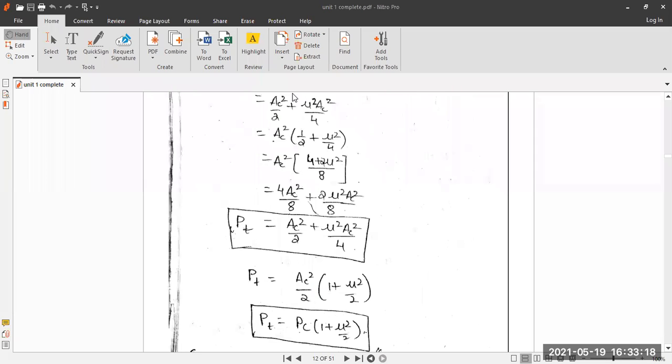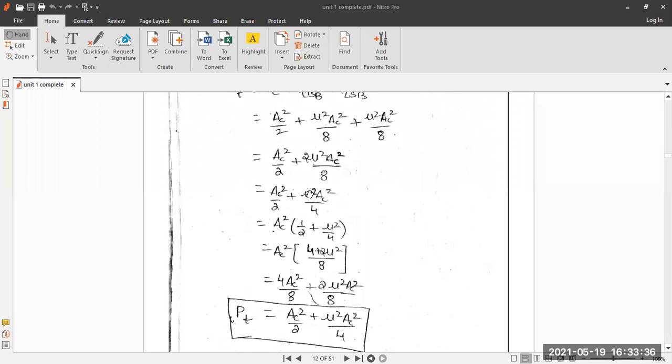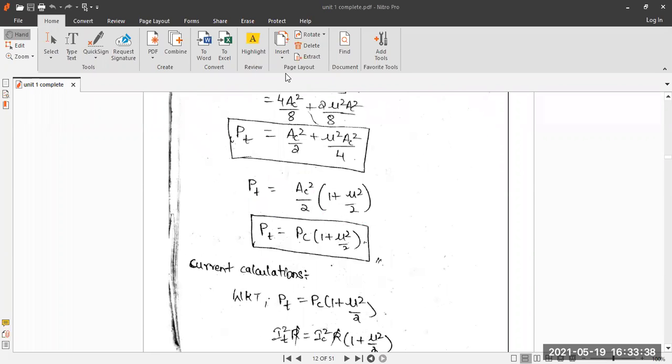If we simplify, total power PT equals AC square by 2 into (1 plus mu square by 2), where AC square by 2 is the power of the carrier. So total power equals PC into (1 plus mu square by 2).